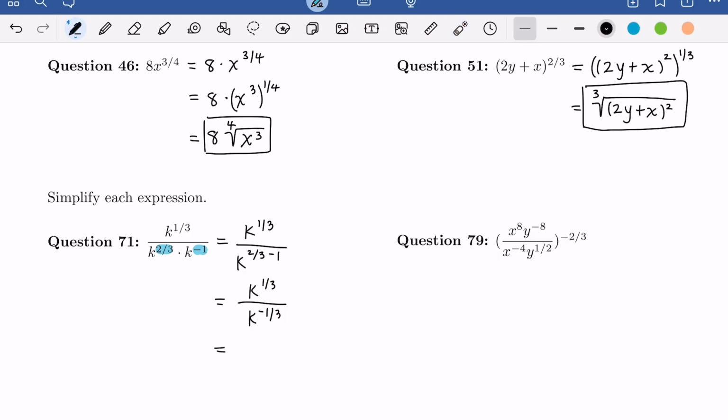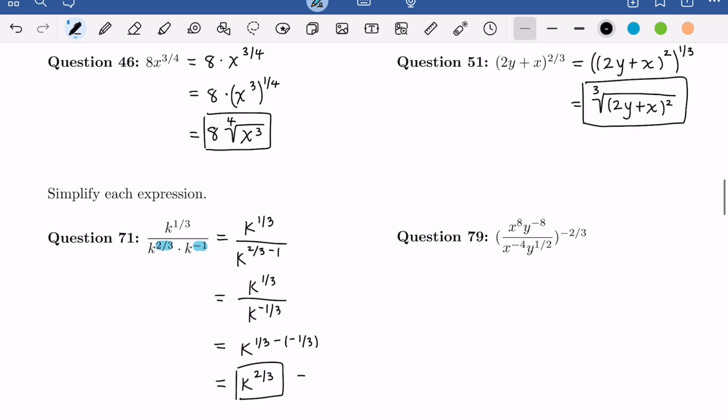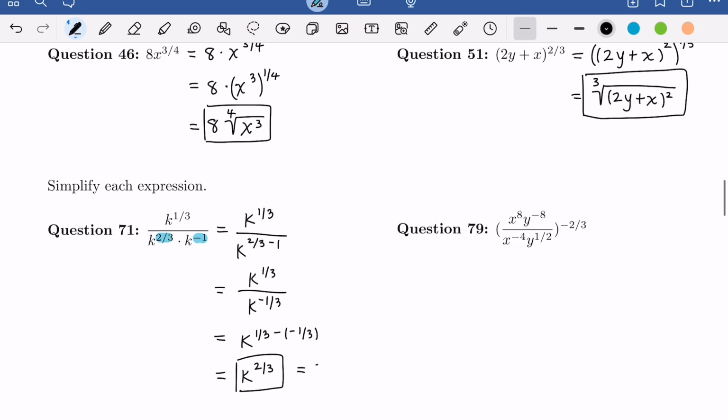So this is going to be the same thing as k to the 1/3 power minus negative 1/3. Since we're subtracting a negative, we're going to add these guys. And our final answer is going to be k raised to the 2/3 power. Now, if we were to write this as a radical, this would be the same thing here as the third root of k squared. Either answer is correct though.